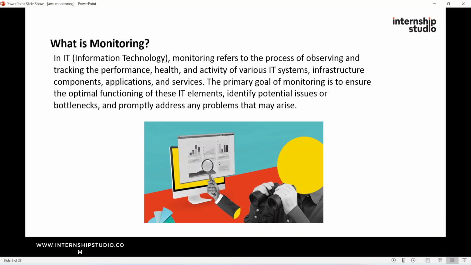So we can consider the realm of IT as a vast and intricate garden, with different plants representing the diverse components of an organization's digital landscape. In this analogy, IT monitoring takes on the role of a diligent gardener, a very careful gardener, tending to the various elements to ensure a thriving and resilient ecosystem.